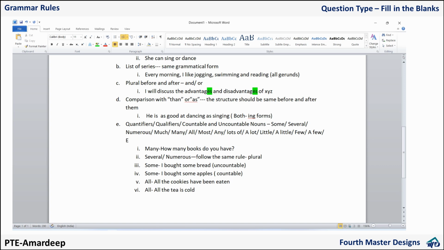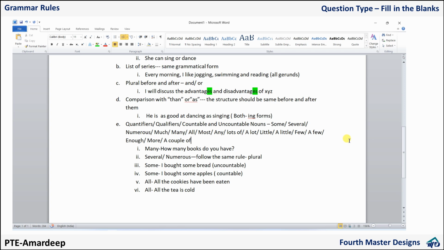We have enough, we have more. You need to write plural with these words, but it again depends on countable and uncountable. Okay, a couple of is also there. Let's say a couple of.